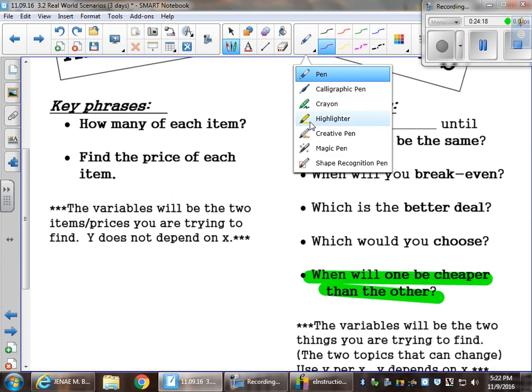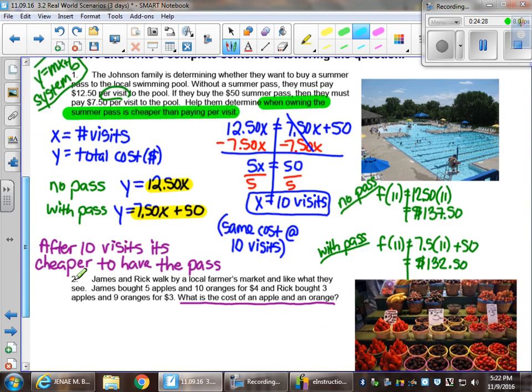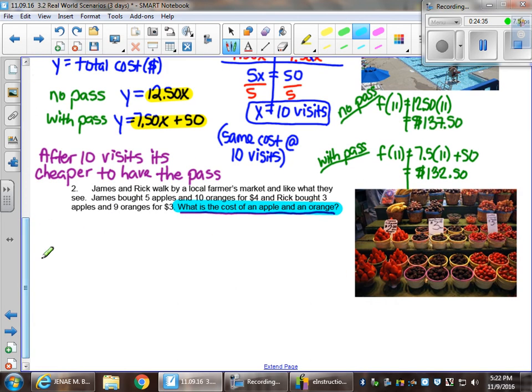When I look, I'm thinking it sounds quite a bit like this. Find the price of each item. Is that what I'm being asked? Find the price of each item. This says, what is the cost of an apple and an orange? I think we're in good shape. What's the cost of each item?